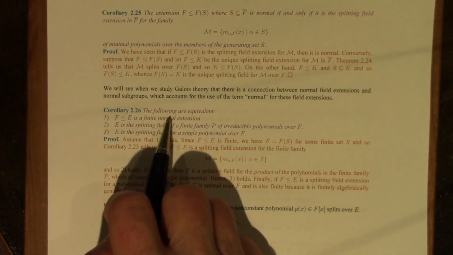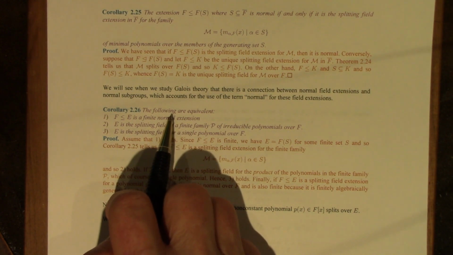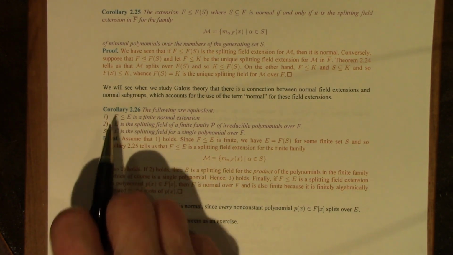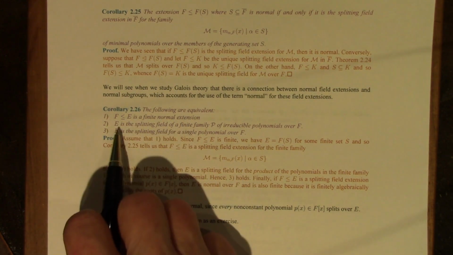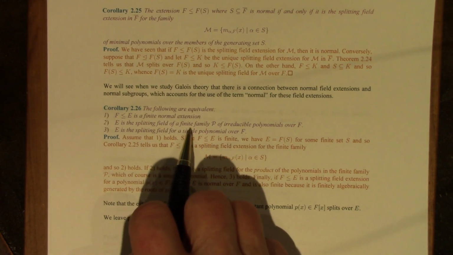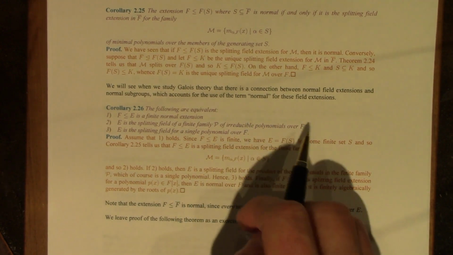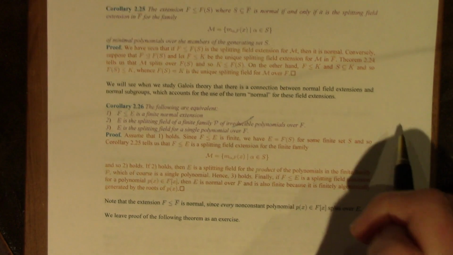Another corollary of the theorem is essentially the same theorem, but for finite extensions. So the following are equivalent. One: E over F is a finite normal extension. Two: E is the splitting field of a finite family P of irreducible polynomials over F, and I don't really need that.